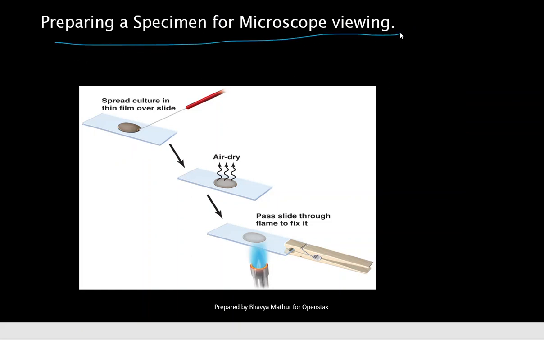We'll actually talk more about this in the lab class, but just to give you an overview, you generally grow bacteria on a plate. You take a little wire loop structure, and you get a little bit of the bacteria, put a drop of water, normally deionized water or sterile water, and then you have this bacteria that's caught in the loop.